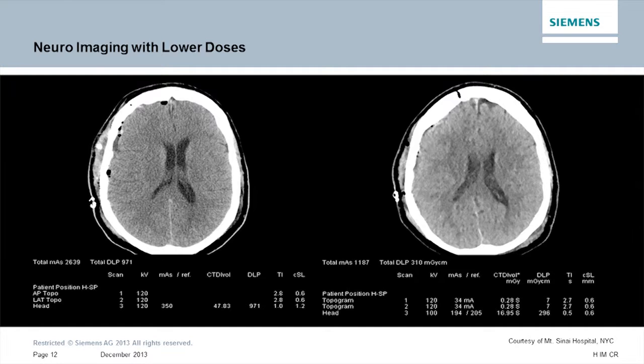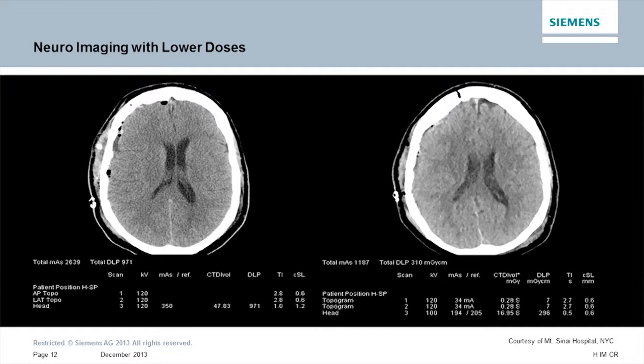So this is a modest dose exam, but it's what we do in day-to-day practice. On the right-hand side, with iterative reconstruction, we can bring our dose down to a CTDI of 17 with a DLP of 300. And what is that? Something like 15% of the ACR guidelines.